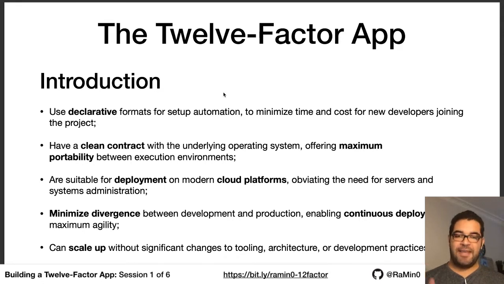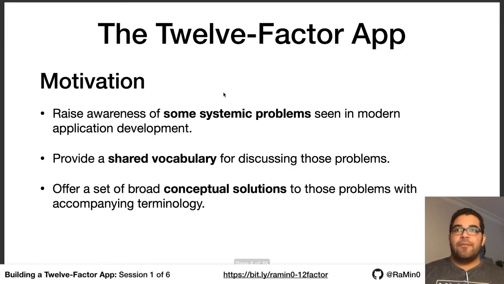So the motivation behind building this list, as I mentioned, is to provide some sort of systematic way to build apps and make them more resilient. Also to provide a set of shared vocabulary, and I like using this a lot because it lowers the barriers between developers whenever they're talking about applications.